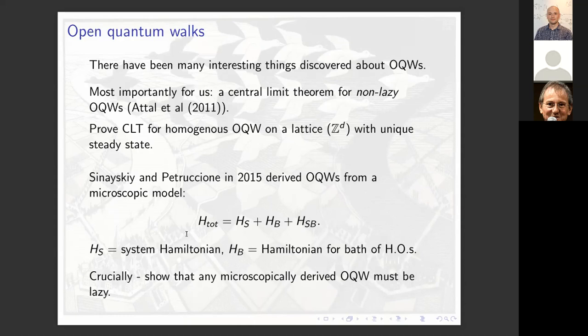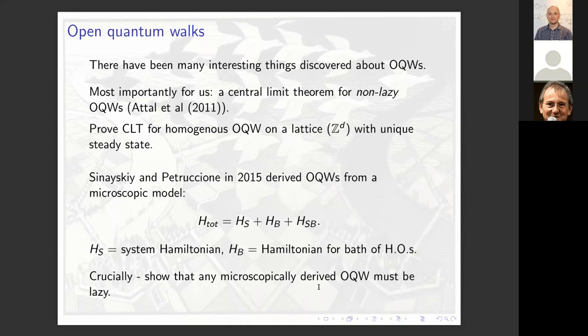Then they study the resulting reduced master equation, and they do some sort of time discretization of that differential equation to eventually obtain our OQW formalism. But the take-home message of this slide is that in this microscopic derivation paper, they show that any microscopically derived open quantum walk must be lazy, so it must have the option to not go anywhere.